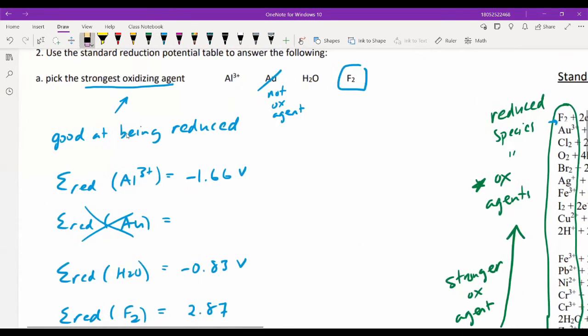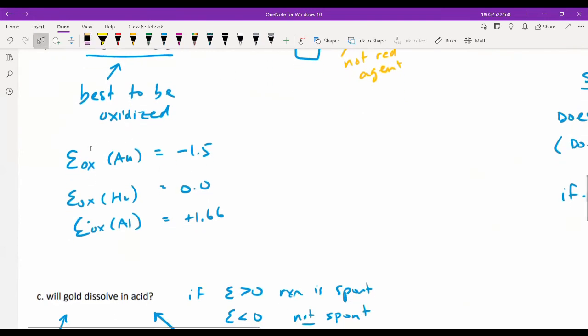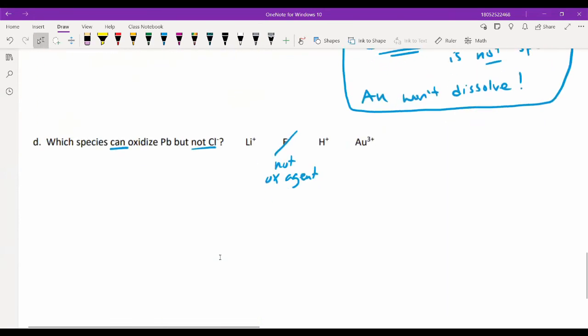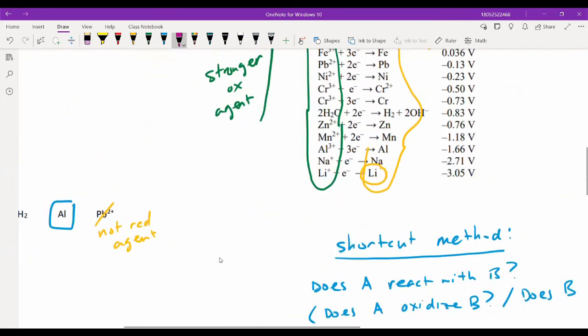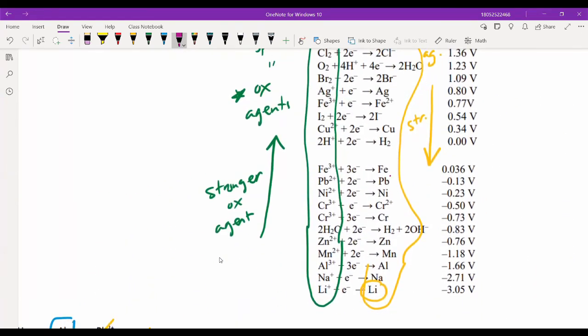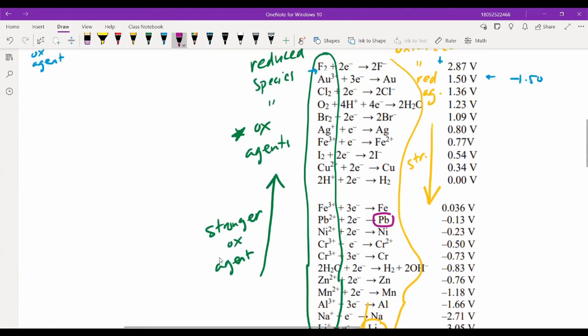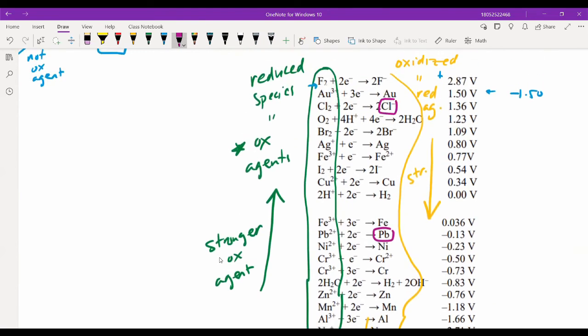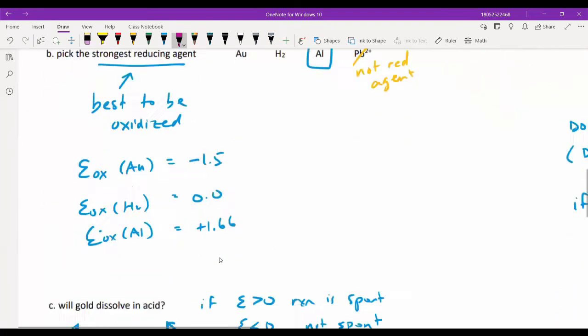So what I want is something to react with lead, but not chloride. So what I can do is look at those two species. Here's lead, here is chloride, right?